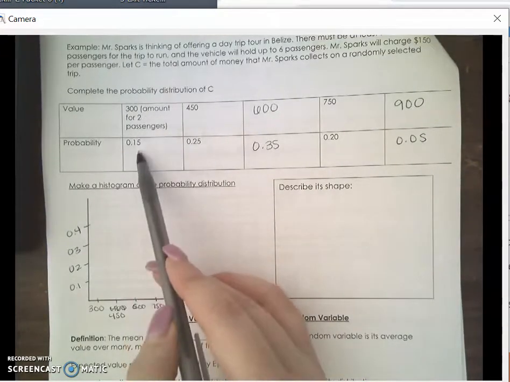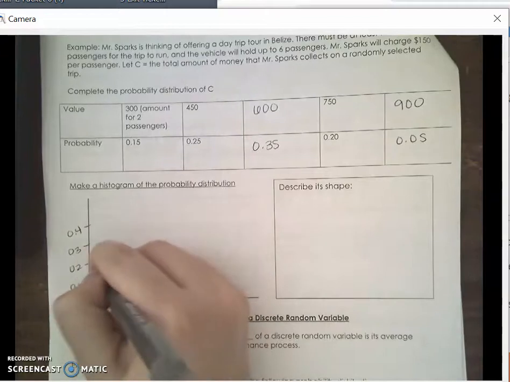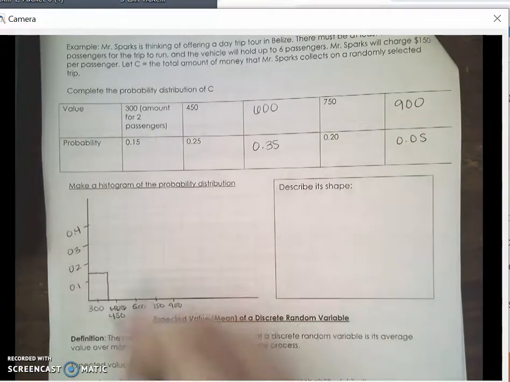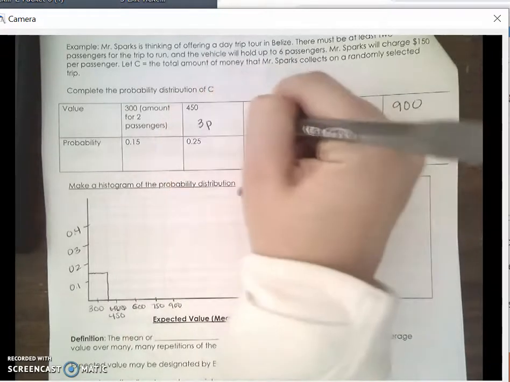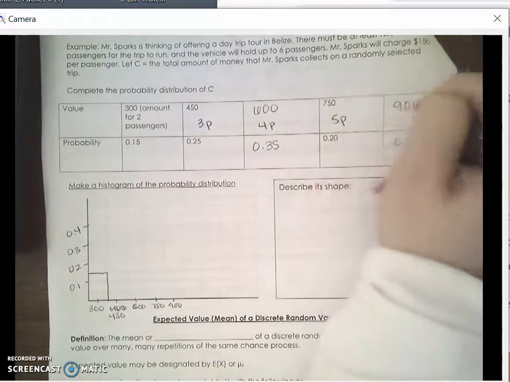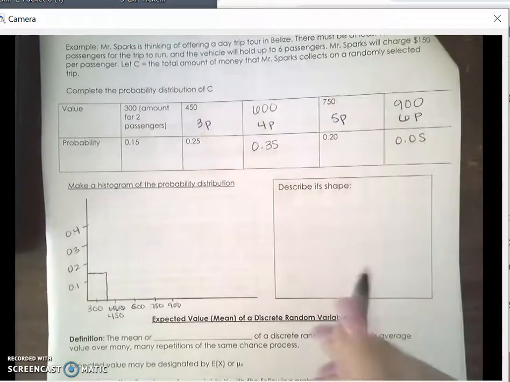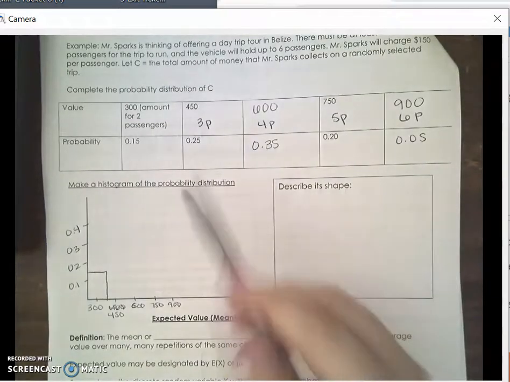Okay, so for $300, the probability of that is 0.15, so it would be right here. This would be 3 passengers, 4 passengers, 5 passengers, 6 passengers. I'm just going to put that so I stop making silly mistakes.